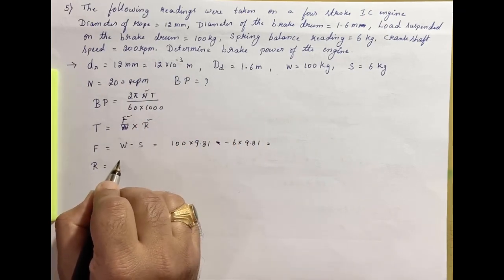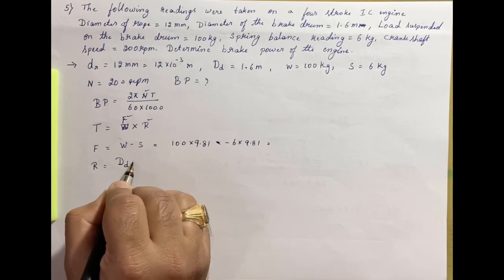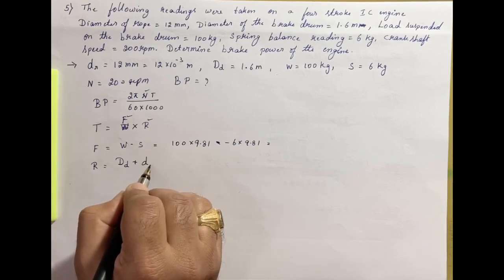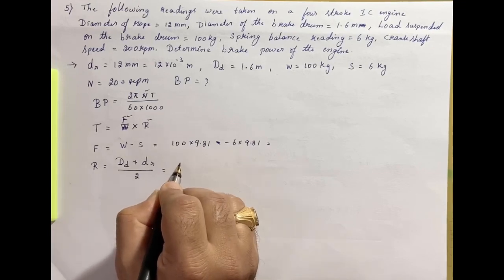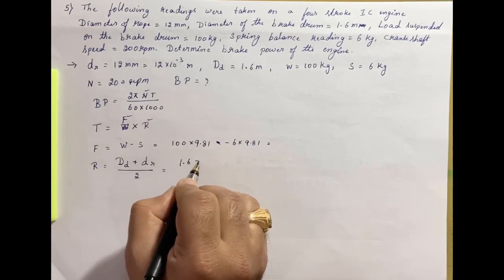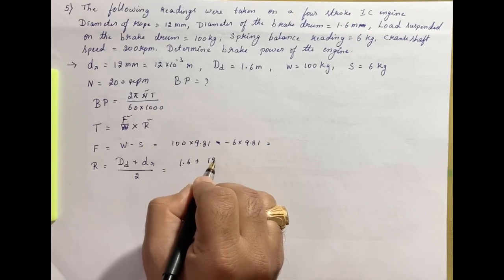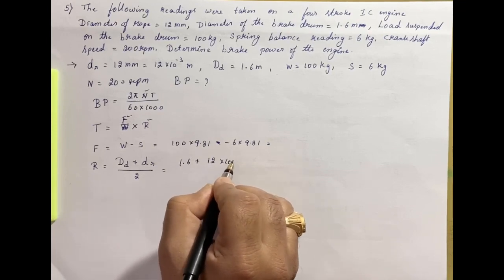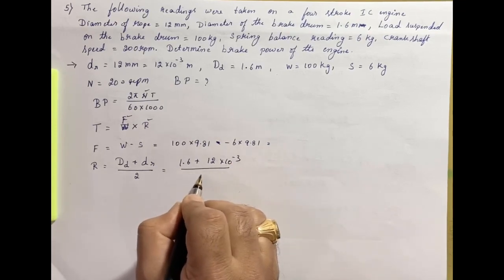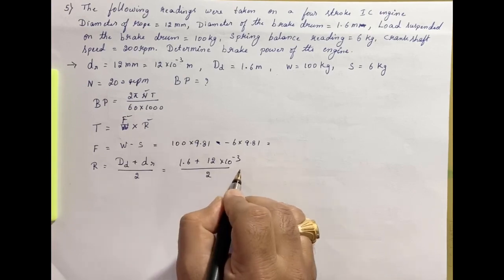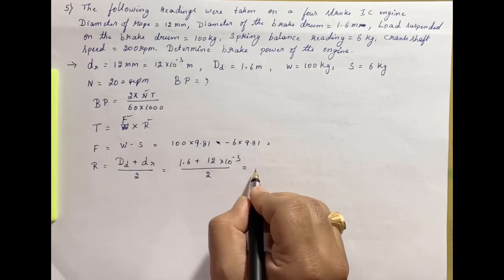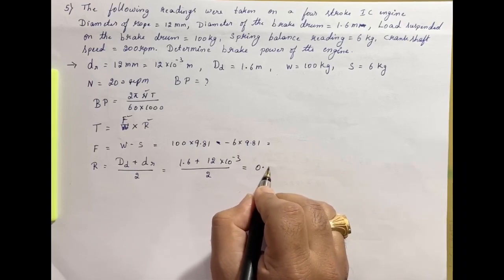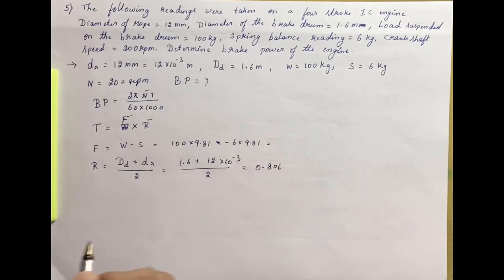So I can write this as capital D plus small d_r divided by 2, that is 1.6 plus 12 into 10 power minus 3 divided by 2. Now the effective radius we get is 0.806.